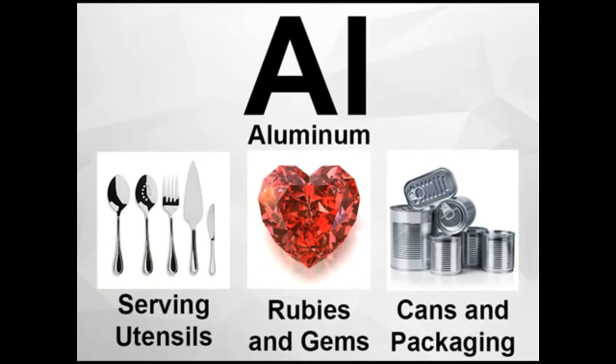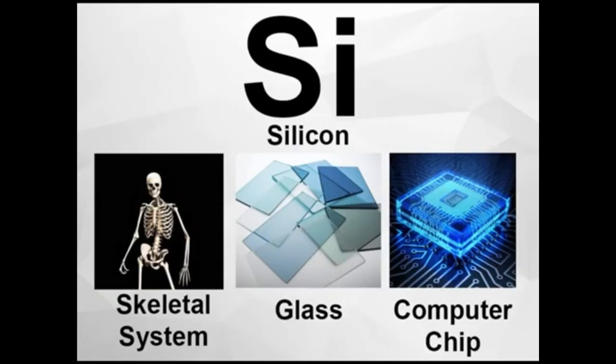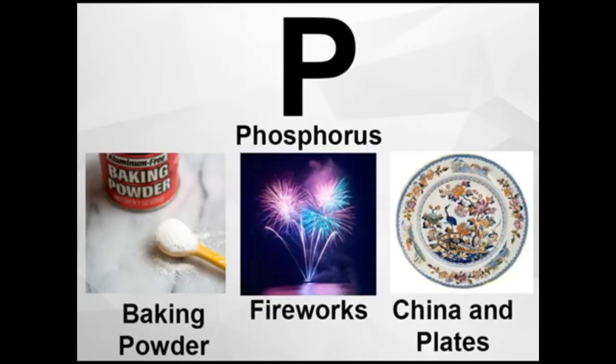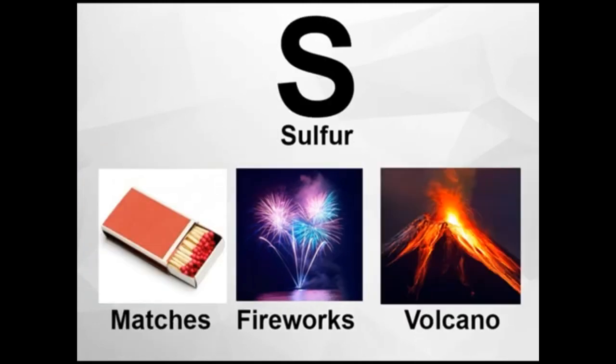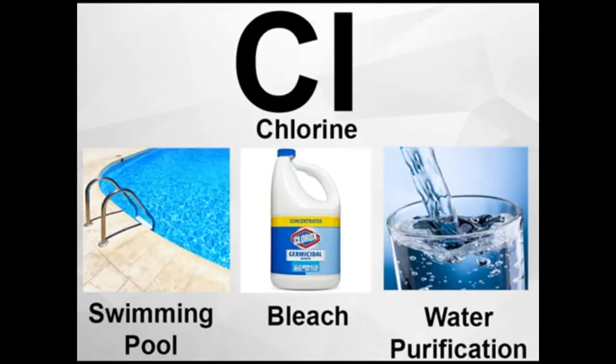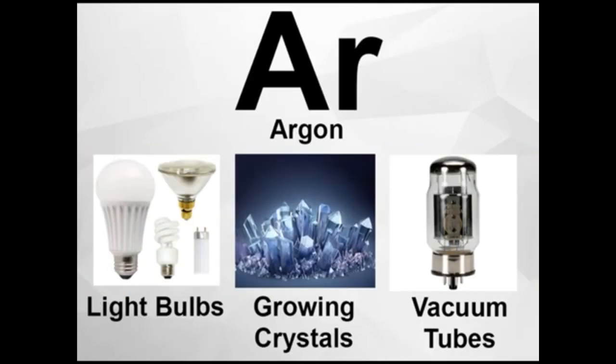For aluminum, they're used in serving utensils, rubies and gems, cans and packaging, silicones, skeletal system, glass, computer chips. For phosphorus, they're used in baking powder, fireworks, china, and plates. Sulfur, they're used in matches, fireworks, volcanoes. Chlorine, they're used in swimming pools, water purification. And for argon, they're used in light bulbs, growing crystals, and vacuum tubes.